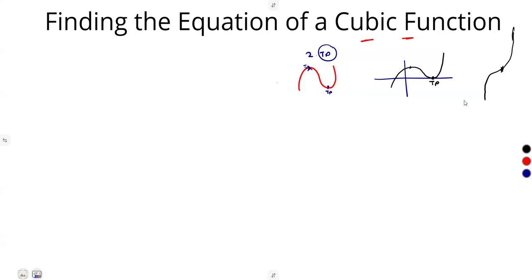This is the condition where you are working with the stationary point of inflection. So those properties can also help us in finding the equation of a cubic function. So I'm going to consider it in that manner.